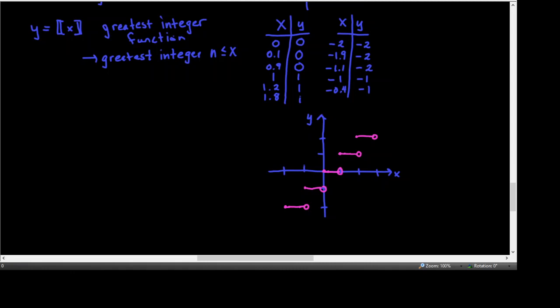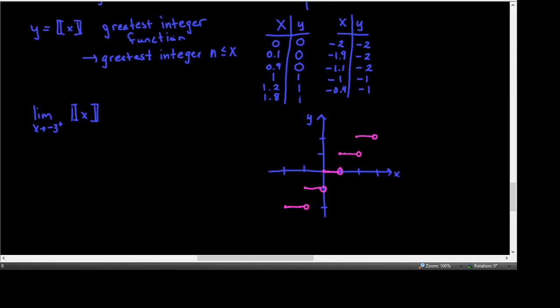Let's say that we were asked to find the limit as x approaches negative 3 from the right for the greatest integer function. So think about a number as an example for this.